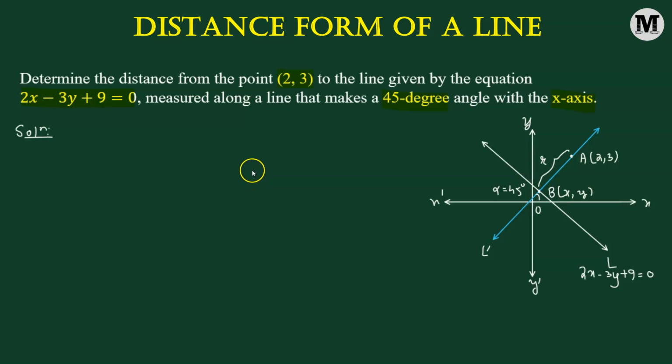Okay. Now in order to solve this problem, we're going to take the help of the distance form of a line. The distance form of a line states that if we have a point with coordinates (x, y), and another point whose coordinates are given as (x1, y1), and r being the distance between these 2 points, then the distance form of the line is given by (x minus x1) divided by cosine of the angle alpha that the line makes with the x-axis, equals (y minus y1) divided by sine of angle alpha, and this is equal to the distance between the 2 points.